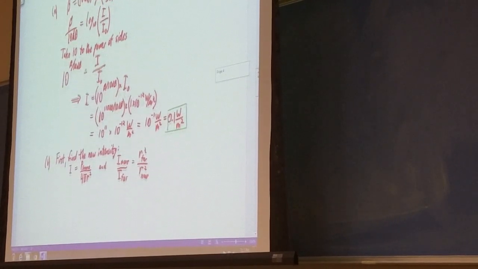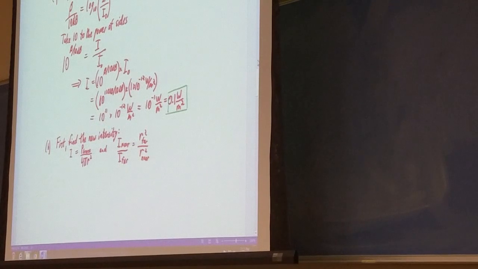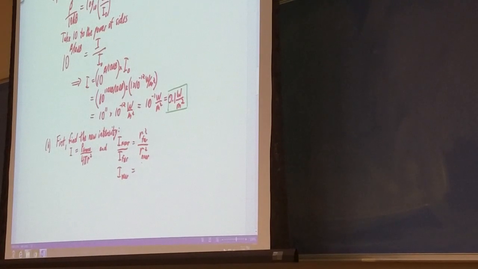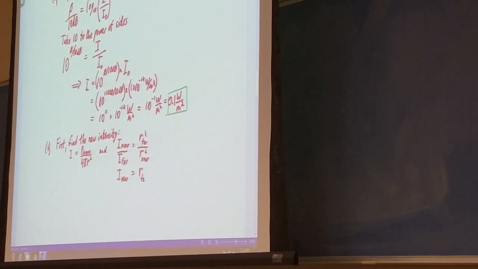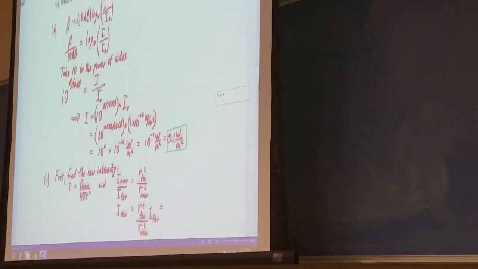So if we solve that for I near, since we're trying to find it at the closer distance, this becomes R far squared divided by R near squared multiplied by I far. I have to scroll back up here.